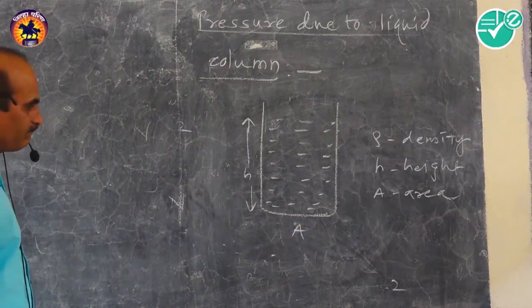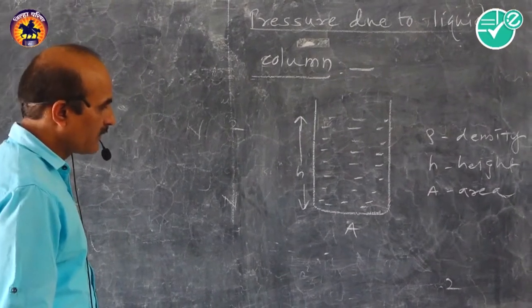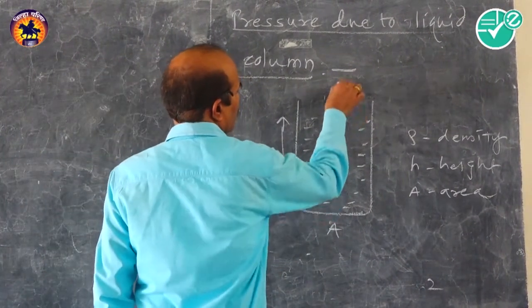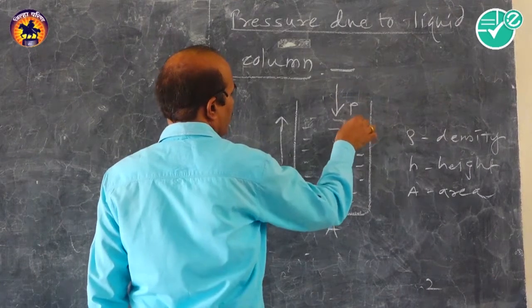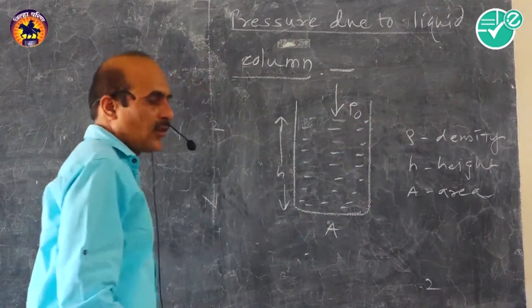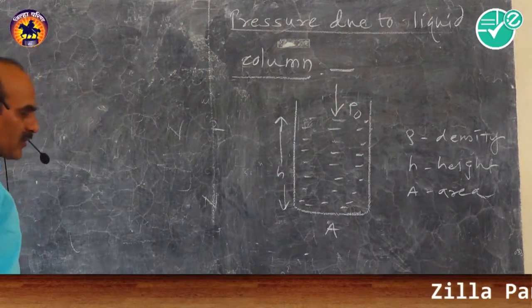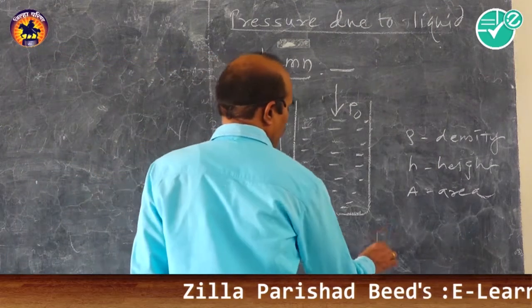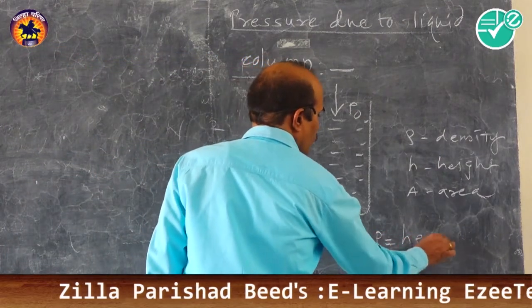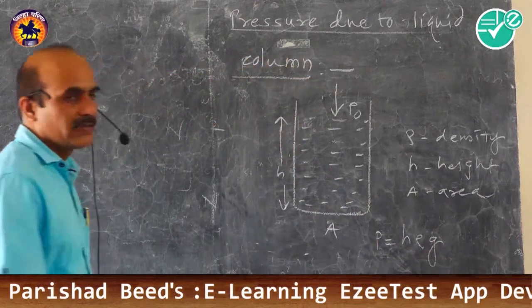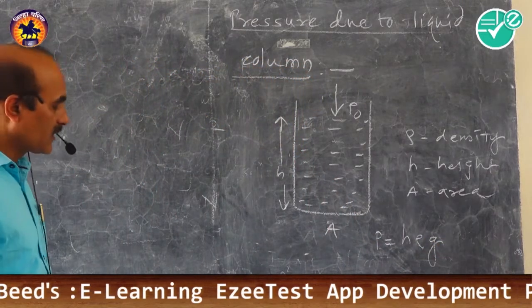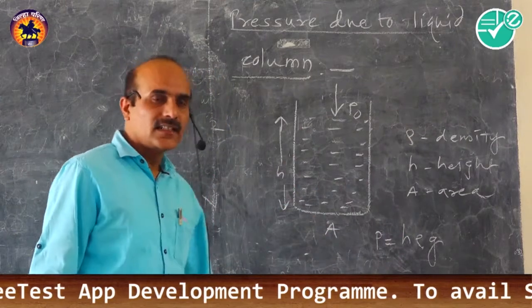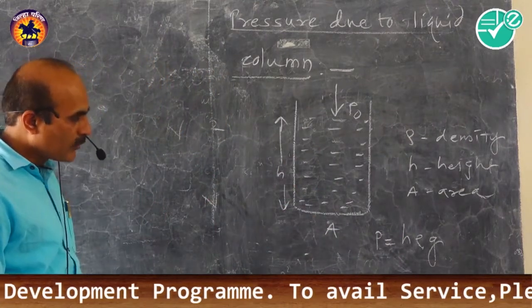According to the equation, the pressure here is the atmospheric pressure, which we write as P naught or PA. The pressure is given by the equation P is equal to H rho G. This is the equation for the pressure inside the liquid, and inside the liquid the pressure at every point is the same.